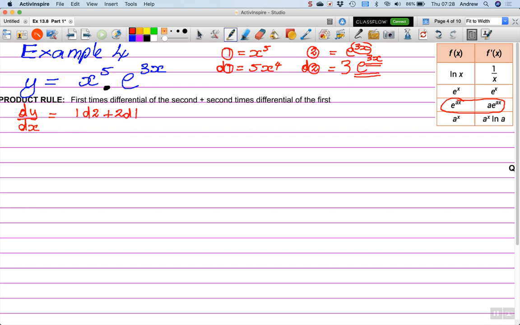So, what's the other way of doing it? Well, what we saw earlier on. You write down y is equal to e to the x, dy dx is equal to e to the x. What is your value of x in terms of the formula? The value of x is 3x. You differentiate it to work out the multiplying factor, and the multiplying factor is 3.